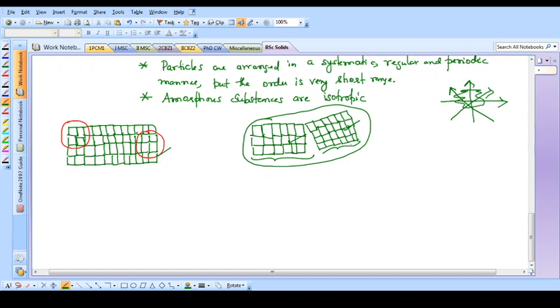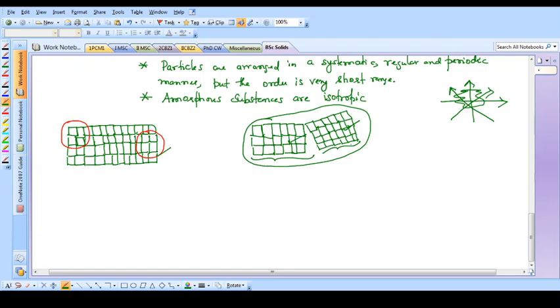Okay, so this first class we covered a very basic idea about solids, especially crystalline solids. In the next class we will go into the detail of crystalline solids.